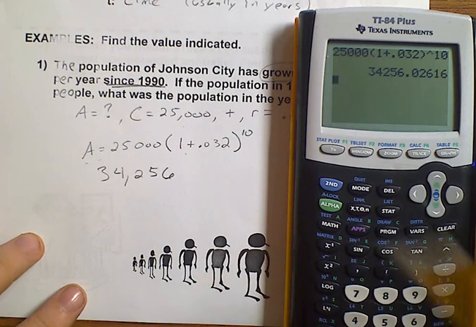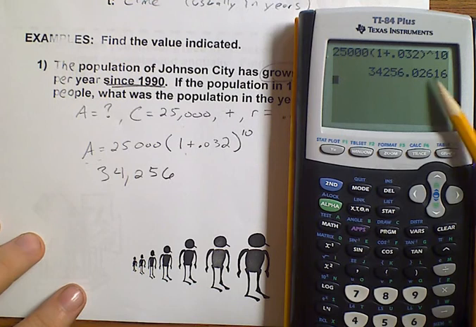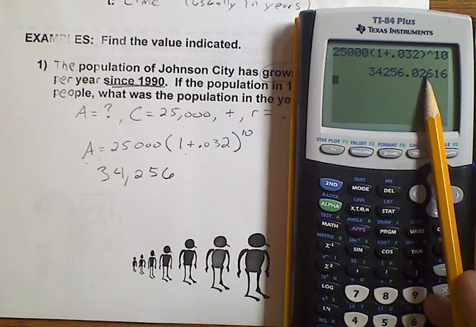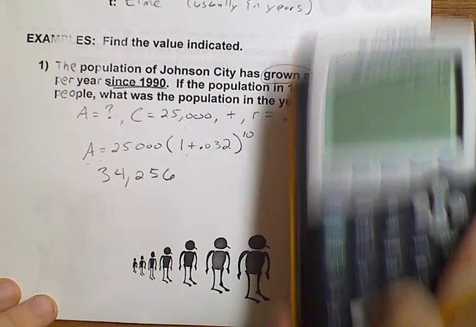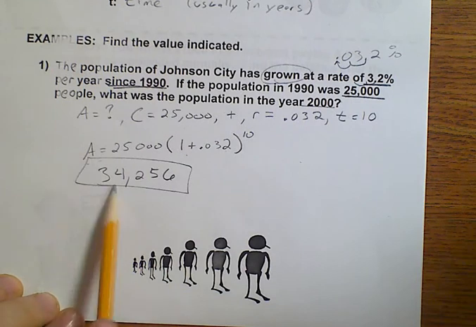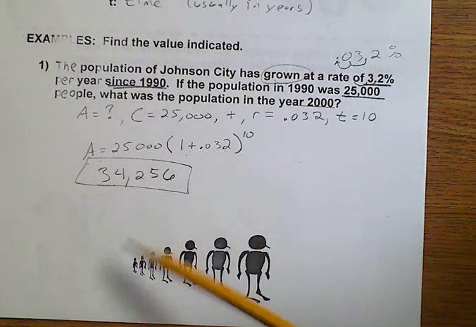Now, I know this says 0.02616. However, we're talking people. People, we can't have 0.02 of a person, so we're going to round this off at 6. And that's all this is. Find your information, put it in the formula, plug it in.